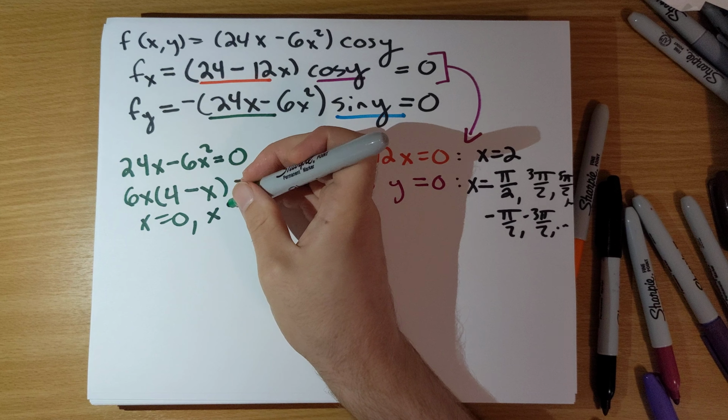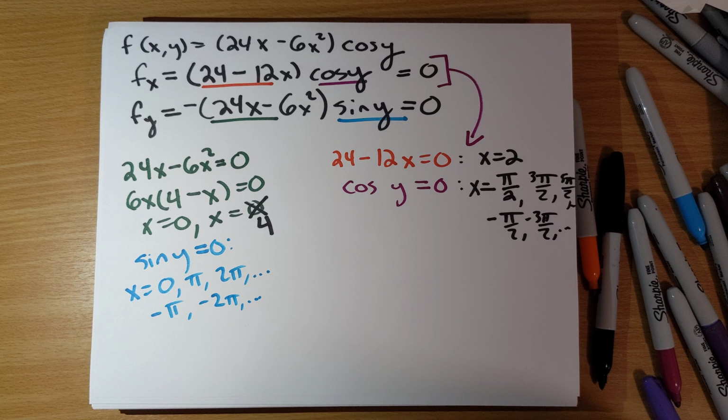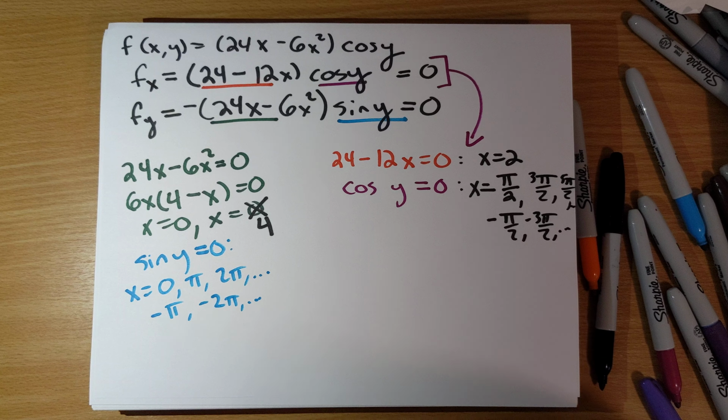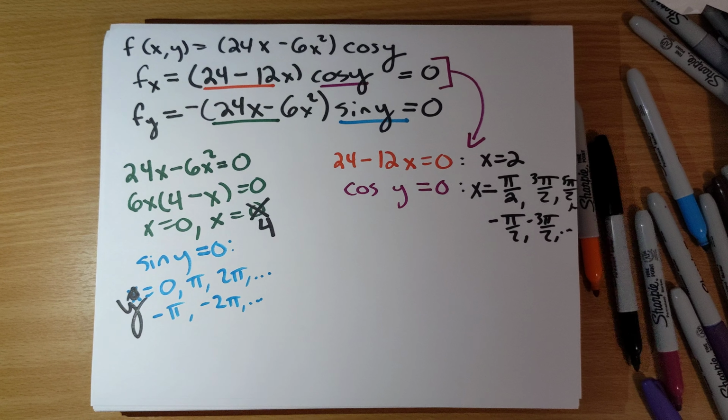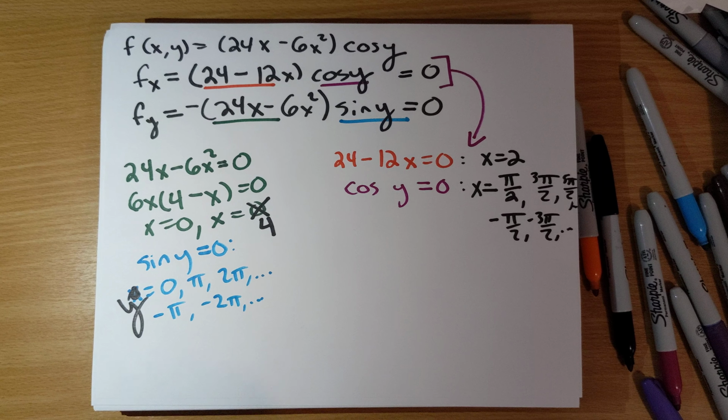Okay, problem fixed. So the thing here is how to come up with a critical point. There are many critical points. We just have to make sure that we satisfy something over here. Sine y is equal to 0, y has to equal those things. And, man, too many typos.